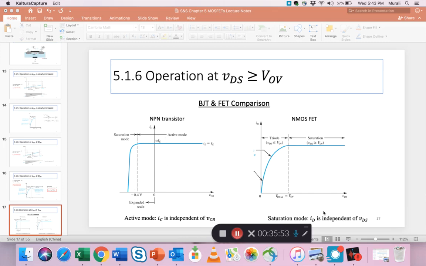For a FET, we are saying the drain current stops increasing even if you keep increasing VDS. So in that sense, they are both similar. But what we call active mode in a BJT, and use it for amplifier design, is really what's called saturation in FET and used for amplifier design. And what we call triode here is what we call saturation there.